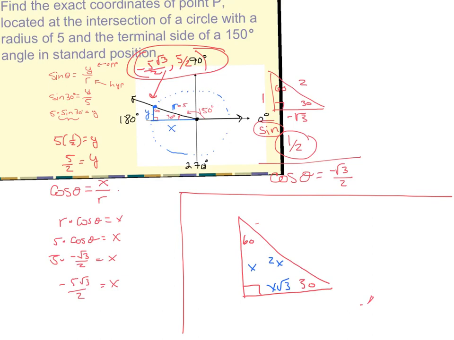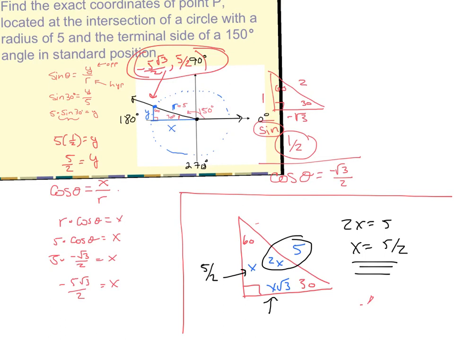I know the radius is 5, so I take this and create an equation. 2x is equal to 5, so x is equal to 5/2. Now I can take this piece for x and substitute it into these pieces. This part of the triangle would be 5/2, and this part would be 5/2 root 3.